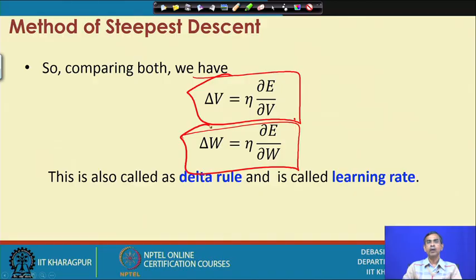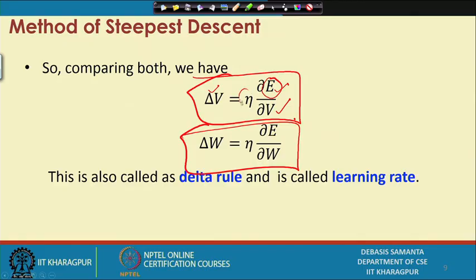Del V means the change in the V vector, and del W means the change in the W points. So, V and W are the 2 points, and the change, either increase or decrease, whatever it is, if we represent it by del V, then del V can be represented, if the error E is known, as the first order differentiation of this error E with respect to V multiplied by eta.